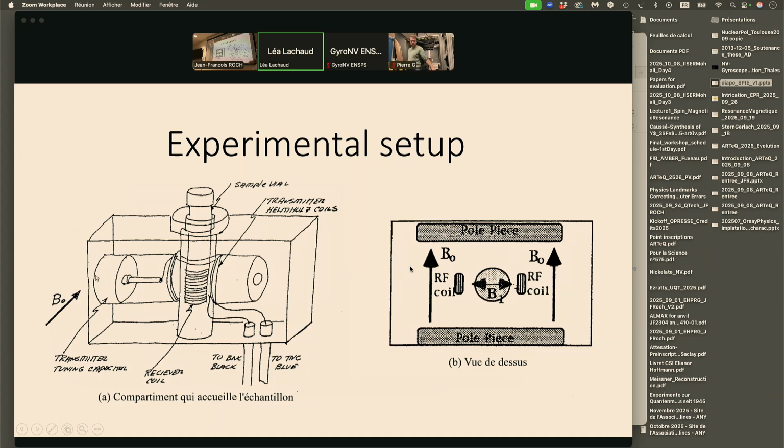Because B0 is in the Z direction and the coil axis is perpendicular. So with such a coil, we can only detect transverse oscillation, meaning that this setup is not directly sensitive to Z components of the magnetic field.